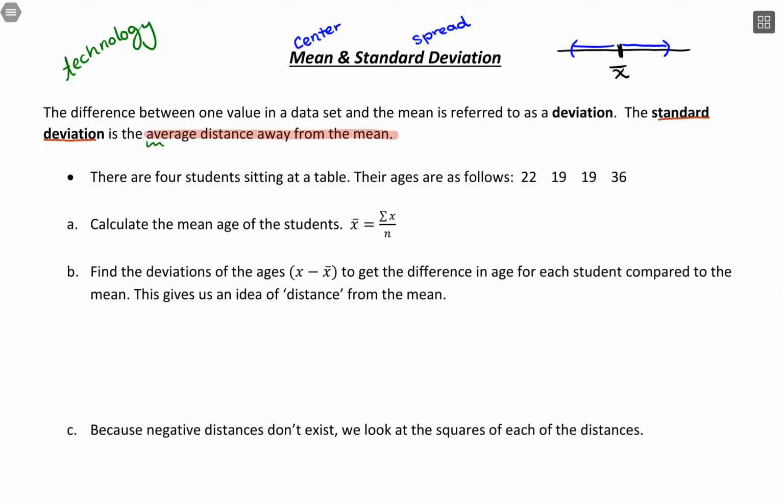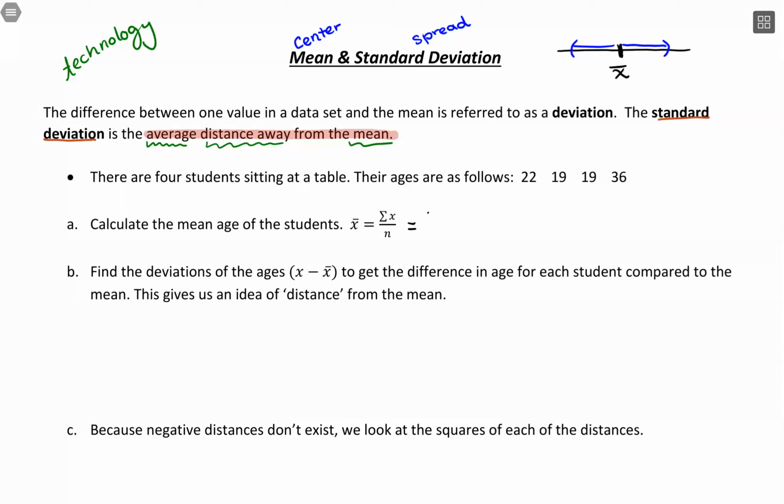So we have this idea of average coming through and this average distance away from the mean. So these are three key pieces that we're going to focus on. First thing we need to do is find the mean. So we'll use this data set of 4 students, and we collected their ages: 22, 19, 19, and 36. So first thing we need to do is find the mean.